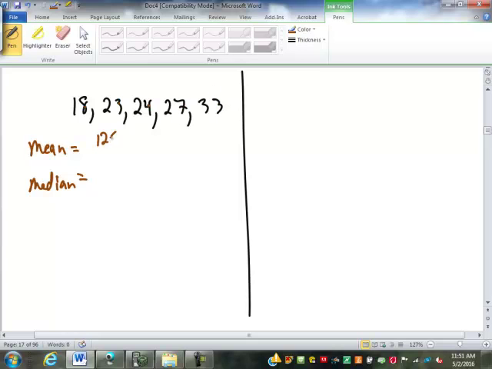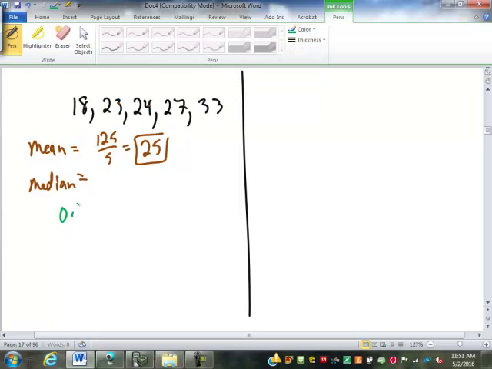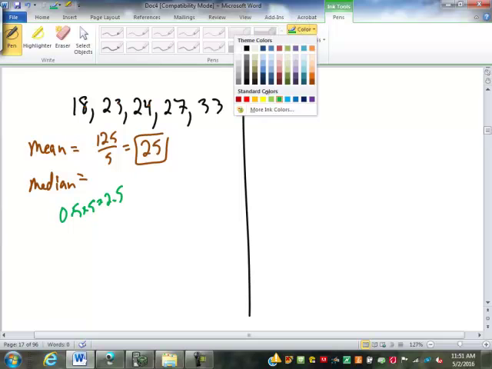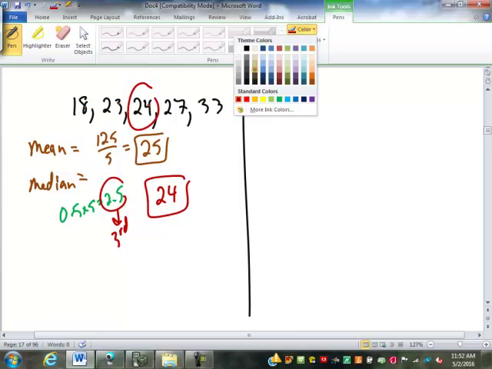So it's 125 divided by 5, which is going to be 25. There's our mean. Our median, well, 0.5 times 5 is 2.5, which tells us that it's the third number in the list. That's going to be the 24. So we get a mean of 25 and a median of 24.